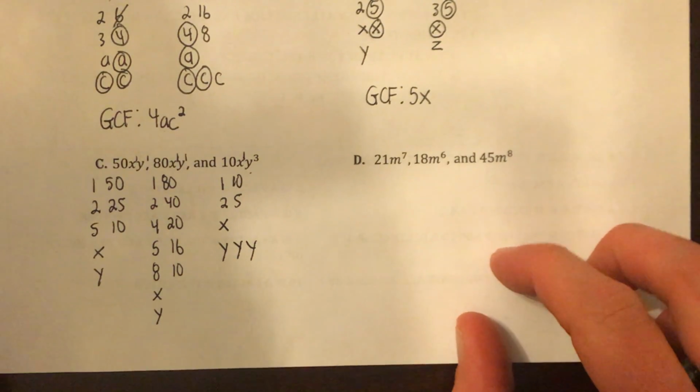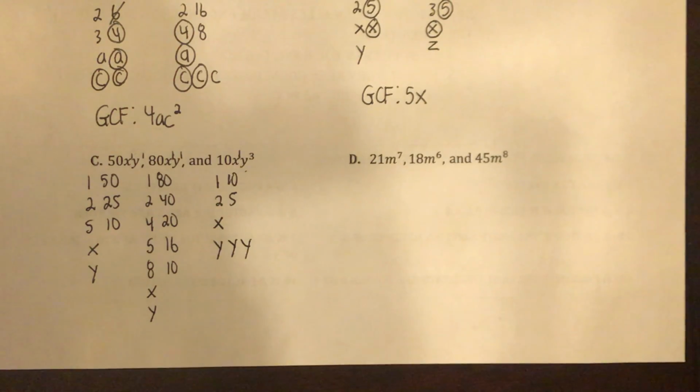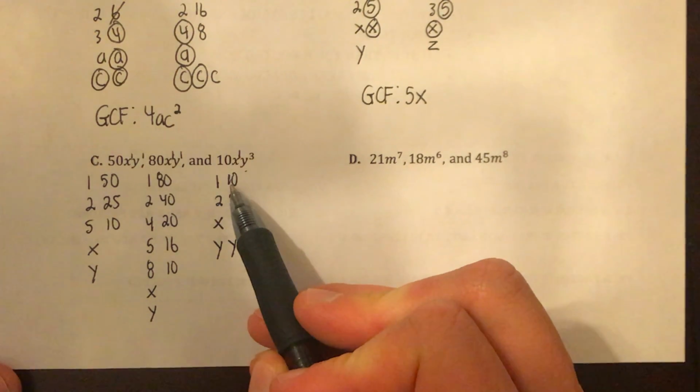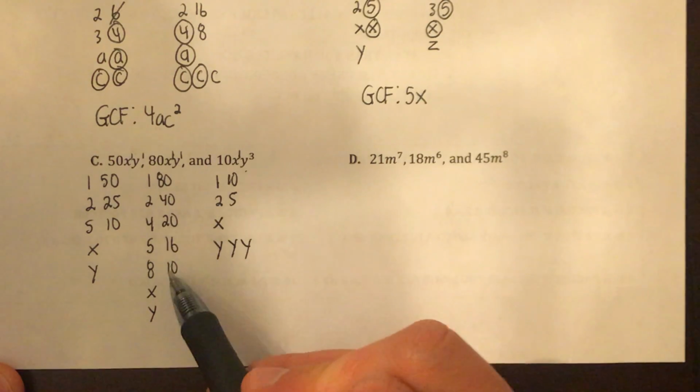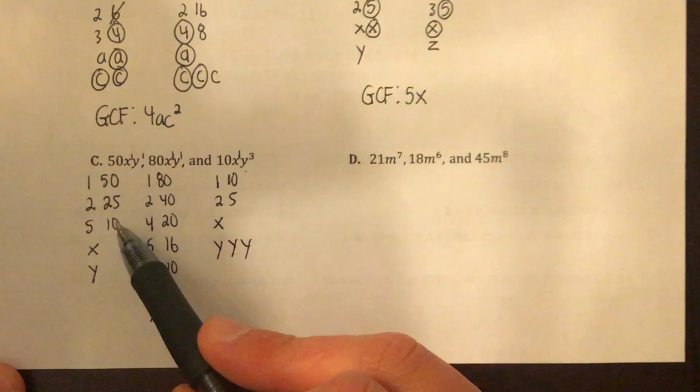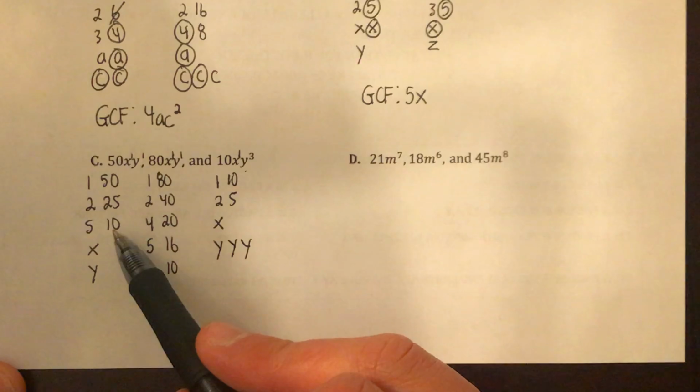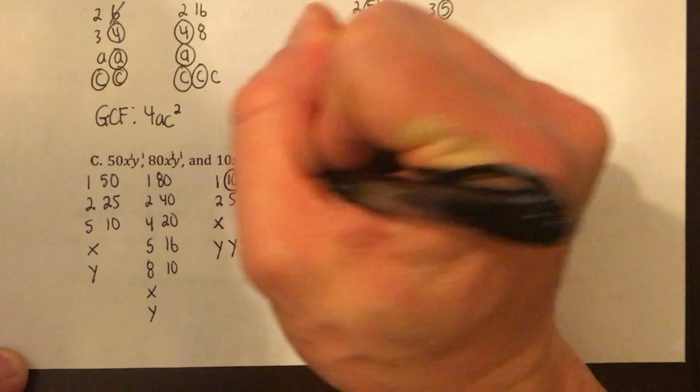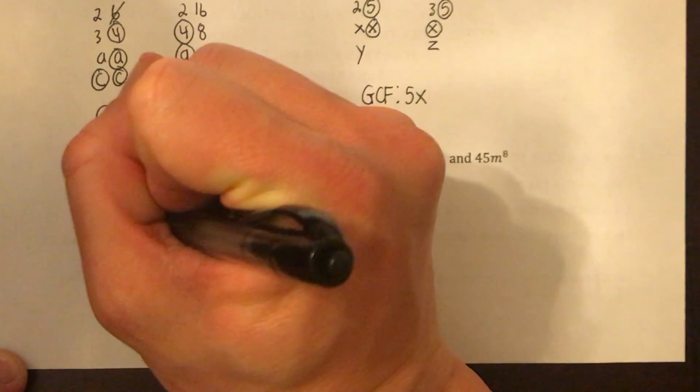All right, so now we've got a complete factor pair list for every single term. So again, we're going to go back to our smallest number, which is 10, and we're going to start with 10 itself and see if it's on every list. So I see 10 here in this list. I see 10 here in the second list, and I see 10 here in my very first list. So that means 10 is the greatest common factor when it comes to the number.